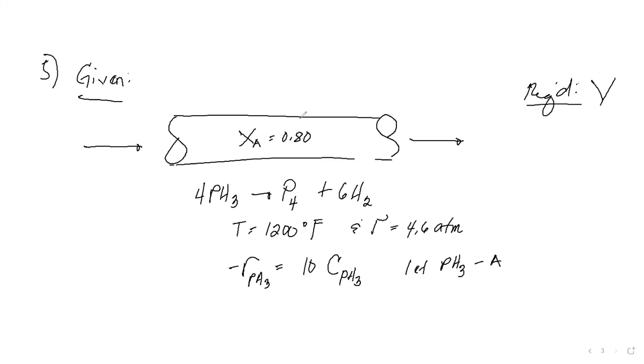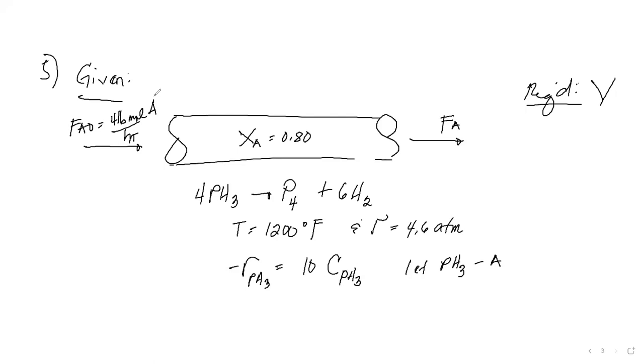And you have a feed consisting of 4 pound mole per hour of phosphine. So I'd like to have here FA0, and you'll have here FA. So your FA0 is the molar feed rate. So as a review, it's molar feed rate, and it's given to be 4 pound mole per hour. So this is all A, 100% pure A.